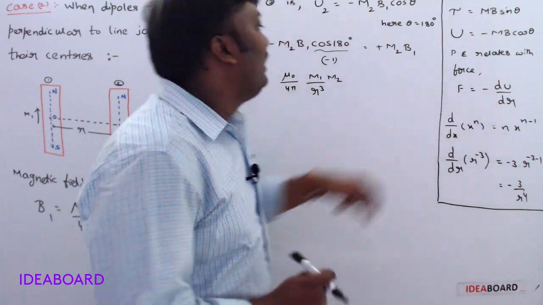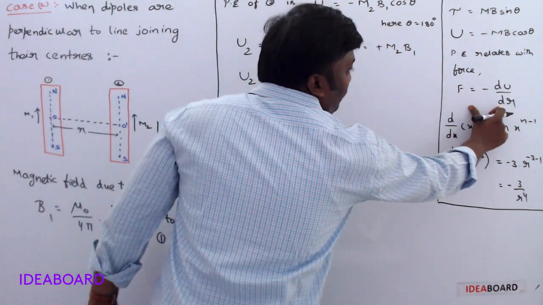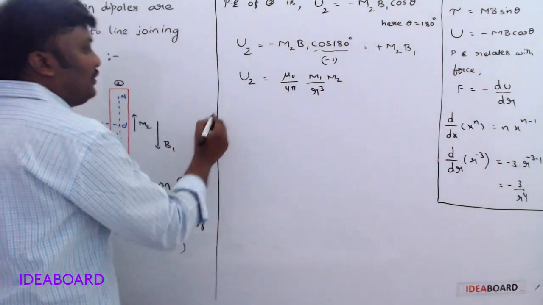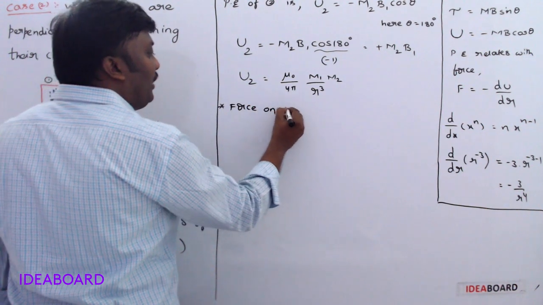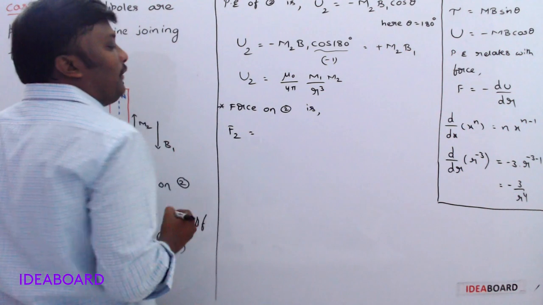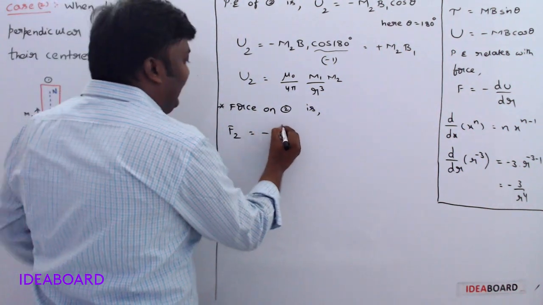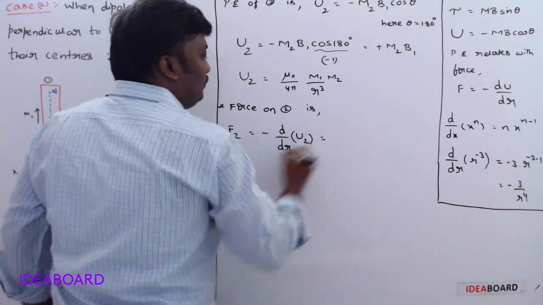For a conservative field, the relation of force and potential energy is F is equal to minus dU by dr. So the force on 2, F2, is equal to minus d by dr of U2.